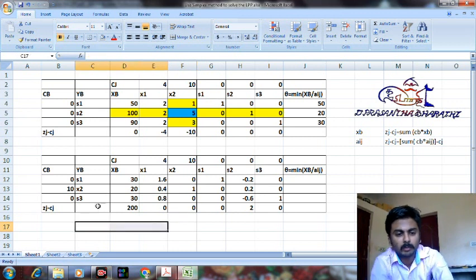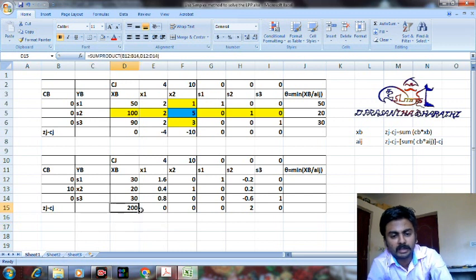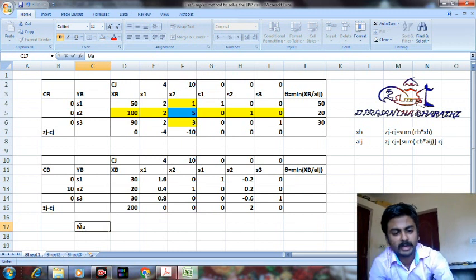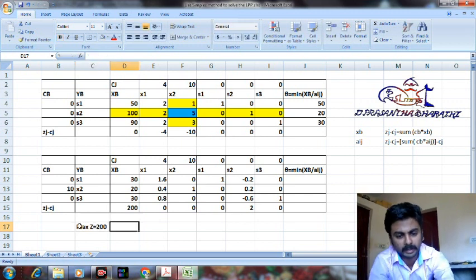And now we have found that all Zj minus Cj have positive values; there are no negative values. So we have maximum Z equal to 200.